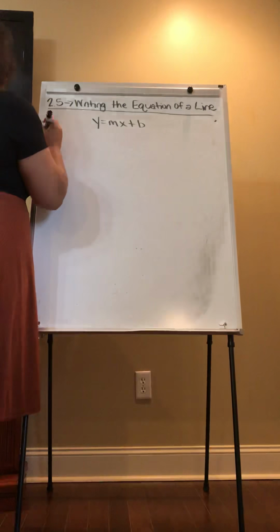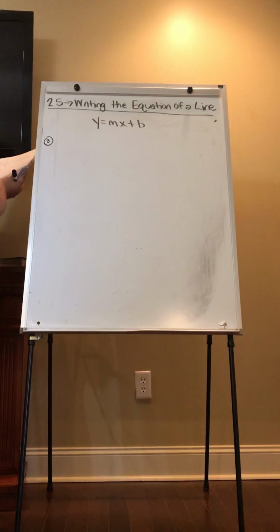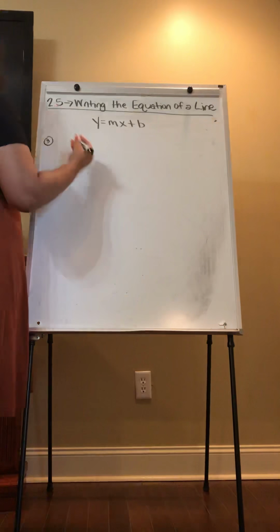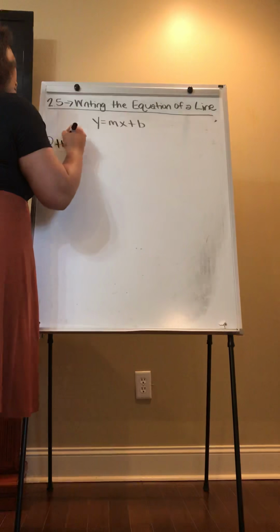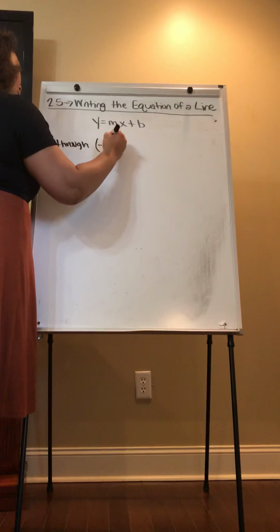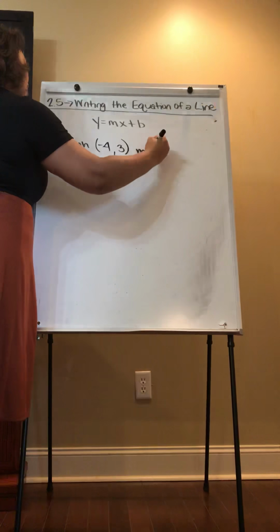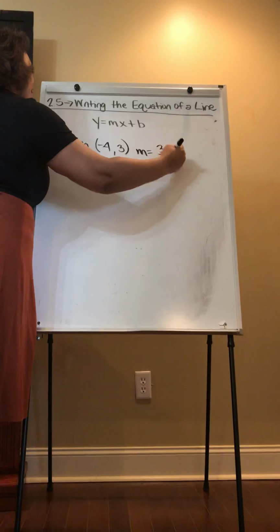Third example, write the equation of a line that's going to go through the point negative 4, positive 3, and has a slope of 3/4.